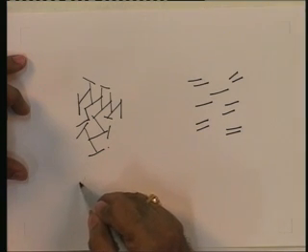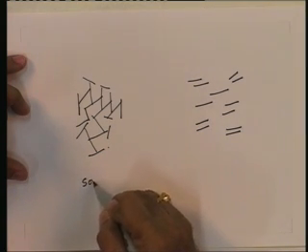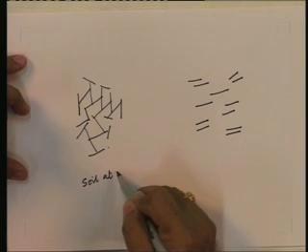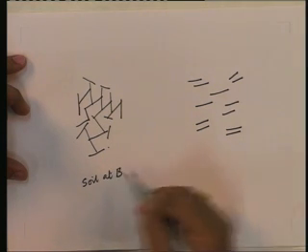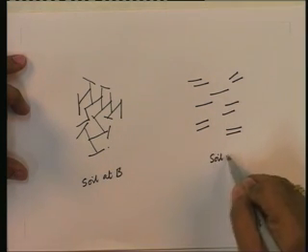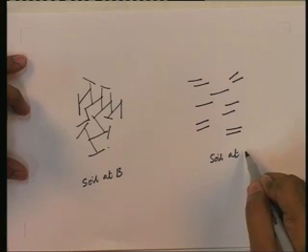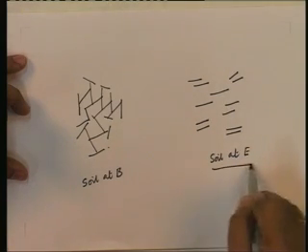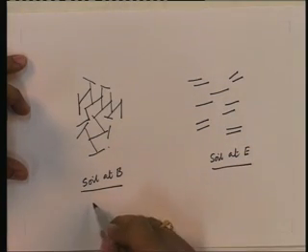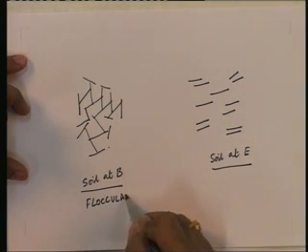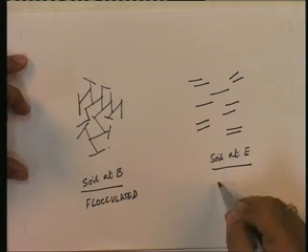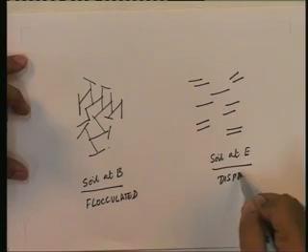Soil at point B, soil at point E, with flocculated structure, dispersed structure.